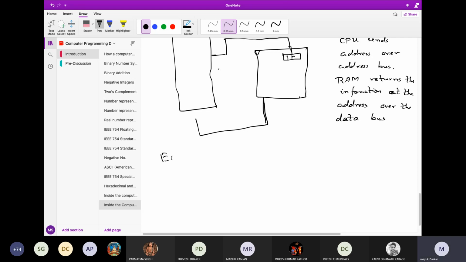Suppose, for example, I'm considering an 8-bit system, a very old 8-bit system. So addresses are of 8 bits. The data that is coming is also 8 bits, and so on.